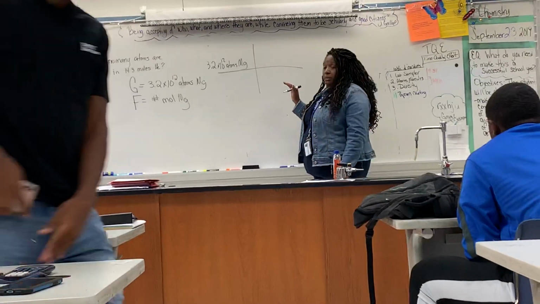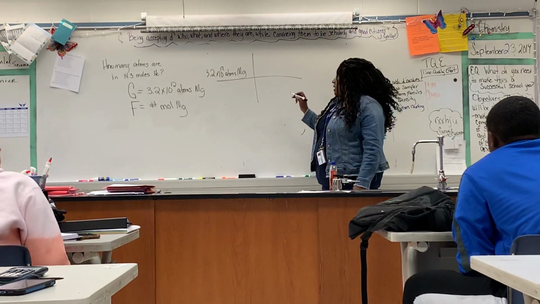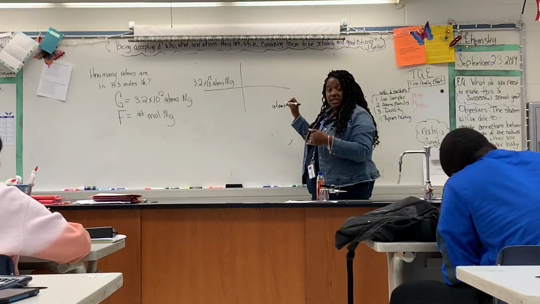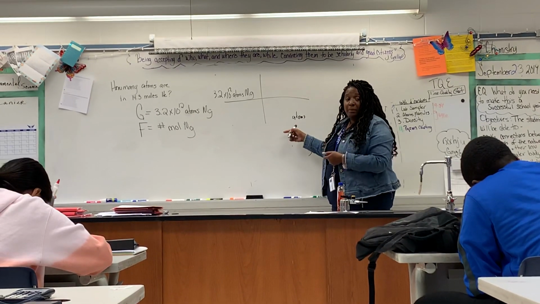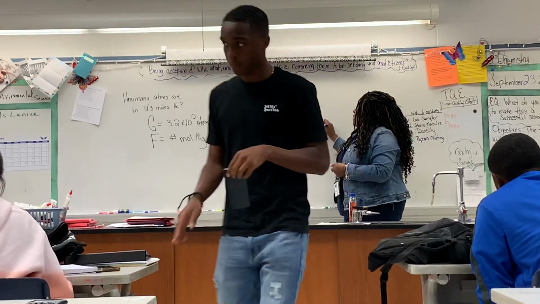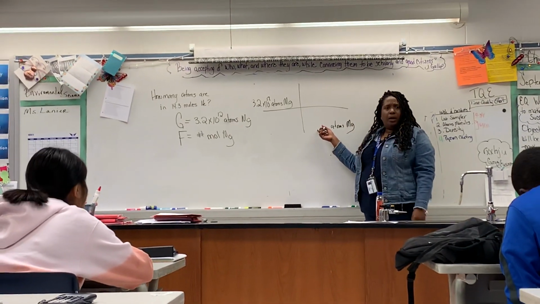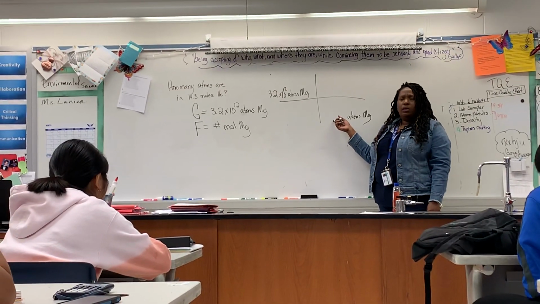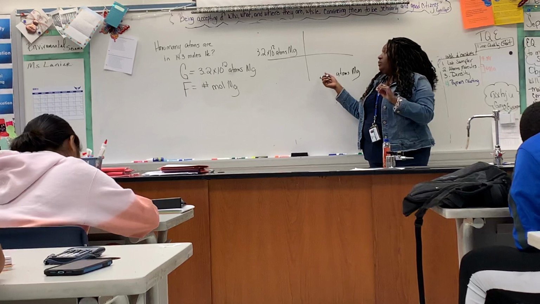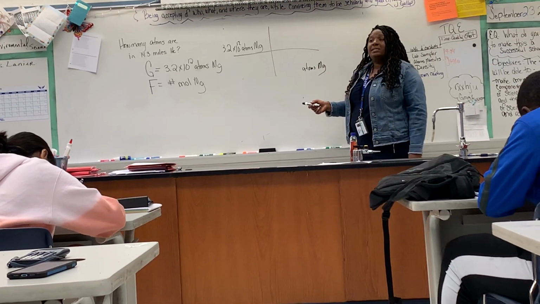So atoms of magnesium. You see how your diagonation leads you to the right? Because you were about to put moles here, weren't you, Josiah? Yeah. So atoms of magnesium. Did we bring down the number? No. The only thing we bring down is unit and compound, or unit and element in this case. All right.